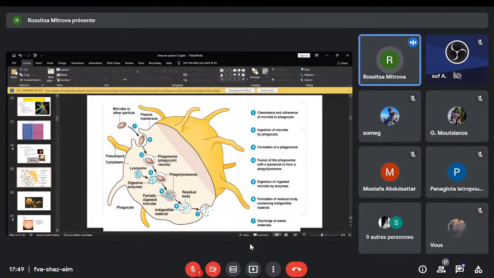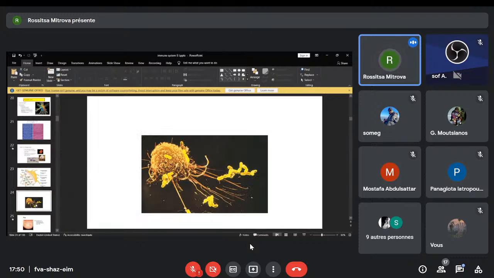Partially residual bodies remain that go out of the phagocyte or stay on the surface of the phagocyte, and they will be presented later. This is the electron microscopy of this process, you see.